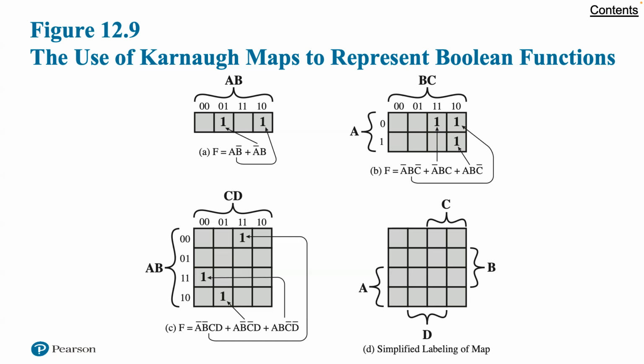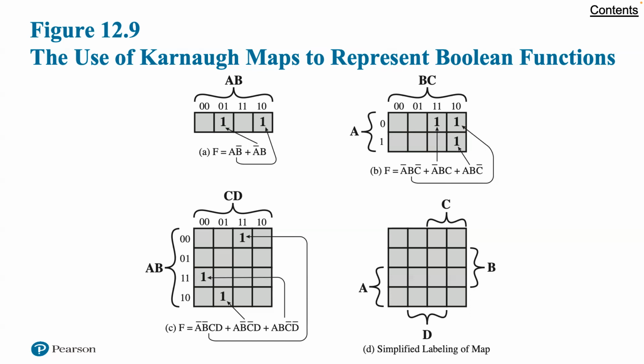Each square corresponds to a unique product in the sum of products form, with a 1 value corresponding to the variable and a 0 value corresponding to the not of such variable. Thus, the product AB corresponds to the 4th square in figure 12.9a. For each such product in the function, 1 is placed in the corresponding square.